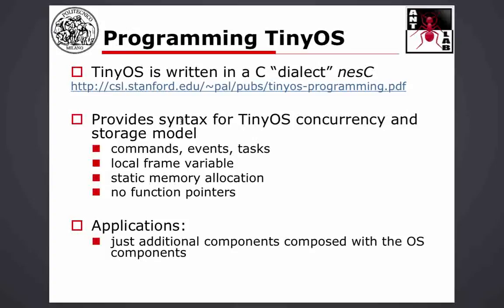The first constraint is that you do not have dynamic memory. All the memory that you need must be allocated, and so you have to know exactly what memory space you are going to use, meaning that all the variables that you need, all the arrays that you potentially need, must be declared at compile time. They cannot be dynamically allocated.